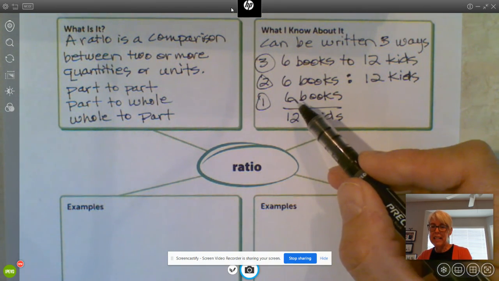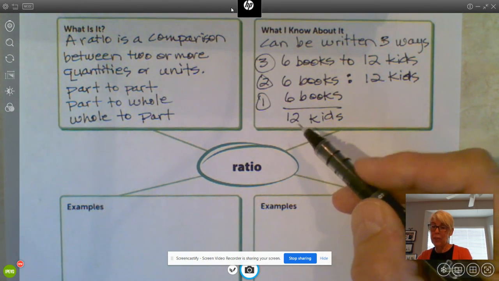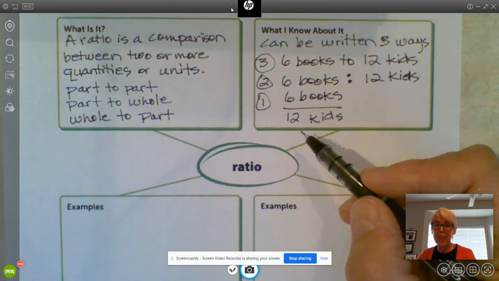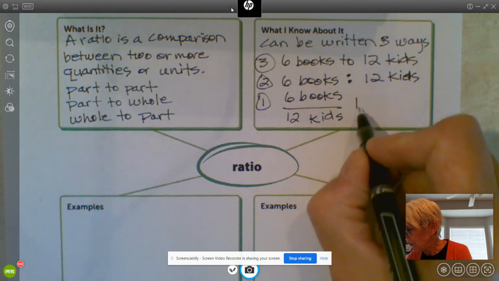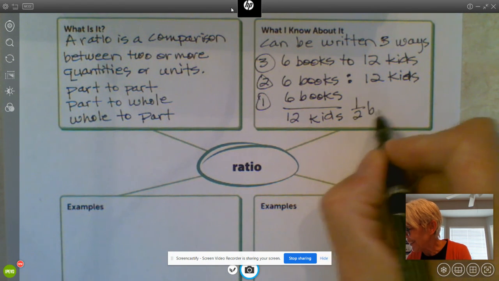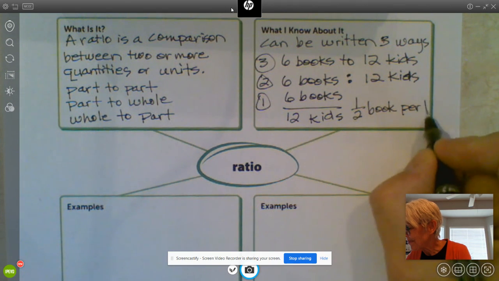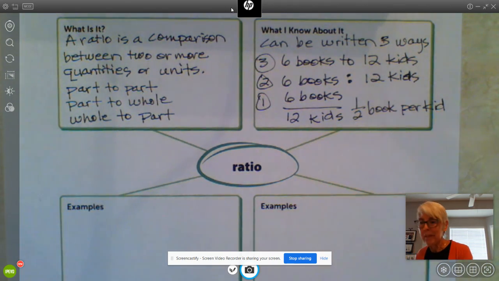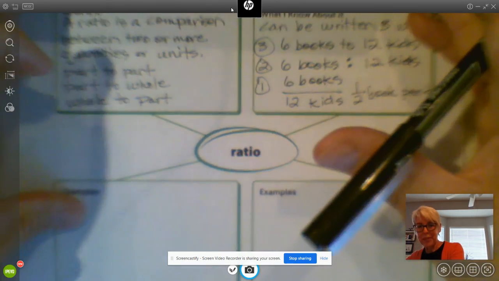So if I divide 6 divided by 12, I'm going to get 0.5, 5/10, or we could call it 1/2. So our unit rate would be 1/2 book per kid. Poor kids only get half a book each. That's pretty sad.